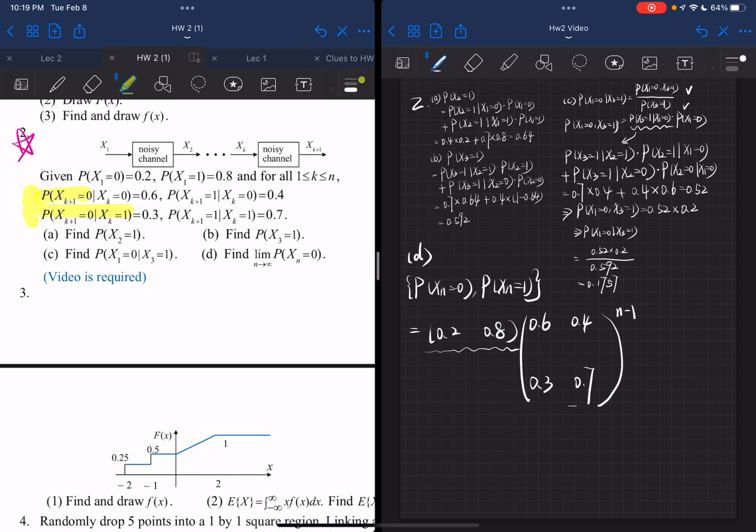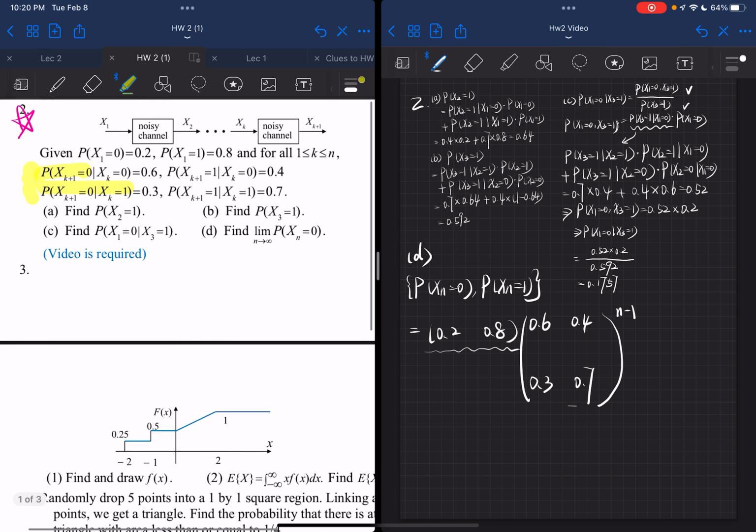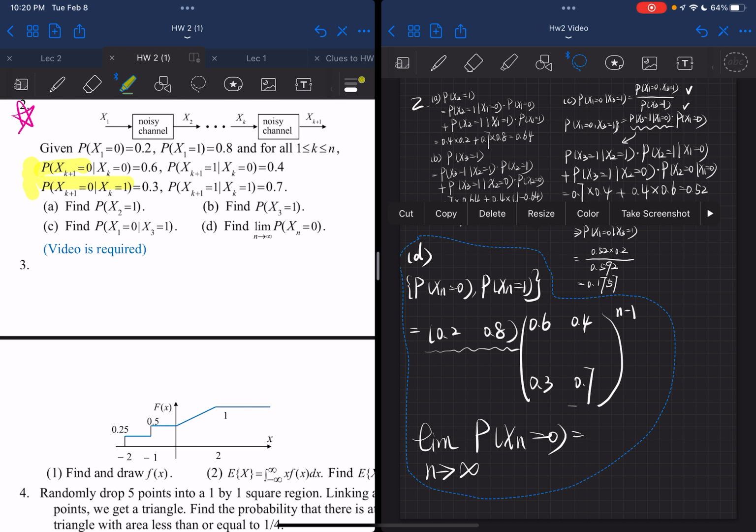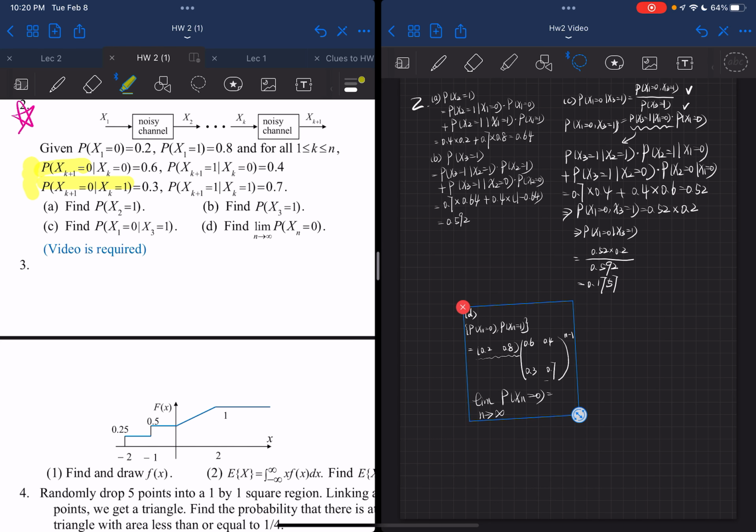When we need to find the probability of xn equals 0 as n approaches infinity, it means finding the matrix multiplication value when n equals infinity.